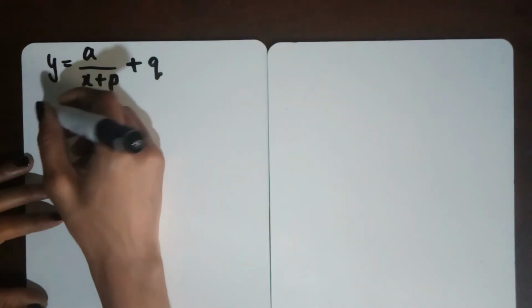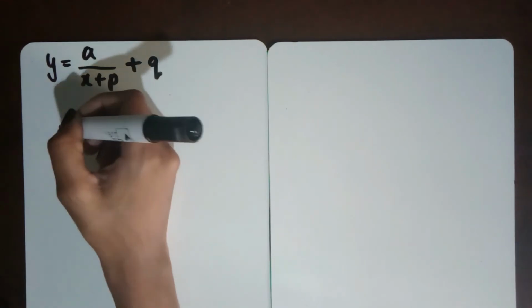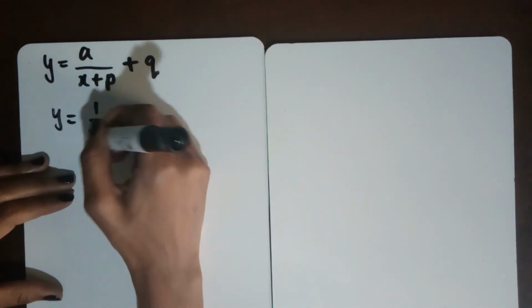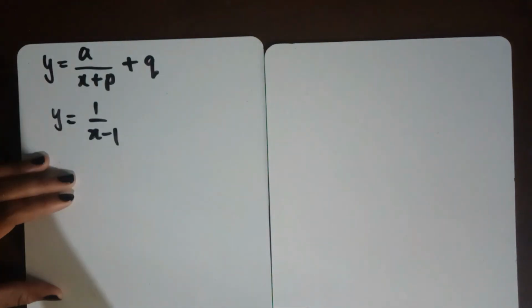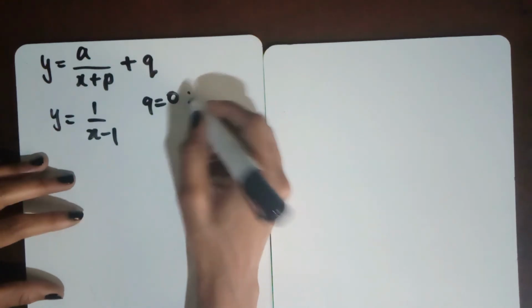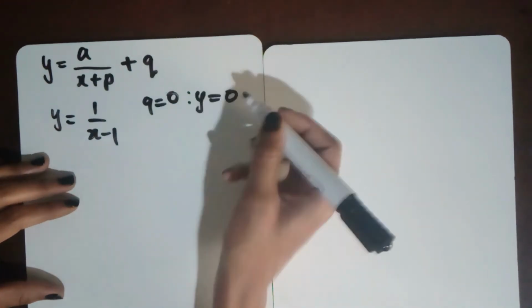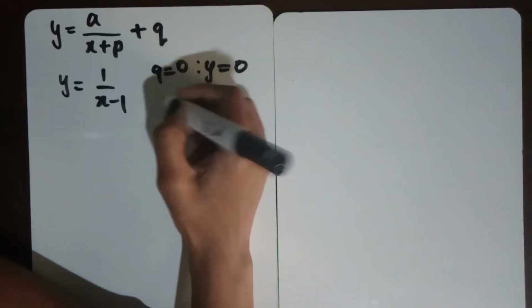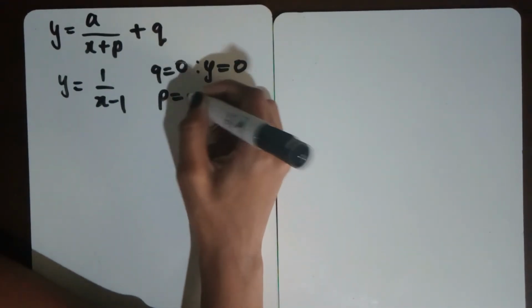So let us consider a graph of, let's see, y equals 1 over x minus 1, right? So q equals 0, meaning our asymptote is y equals 0, right? We've spoken extensively about how you find that. And then your p equals -1.